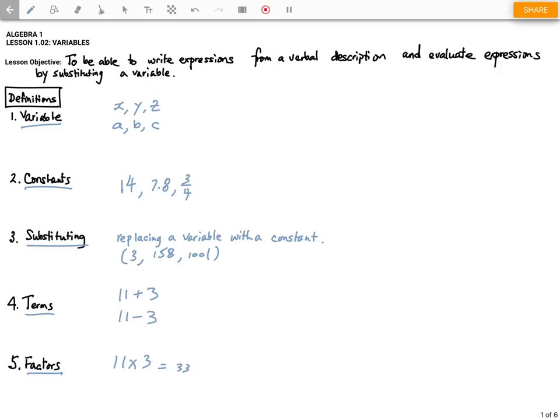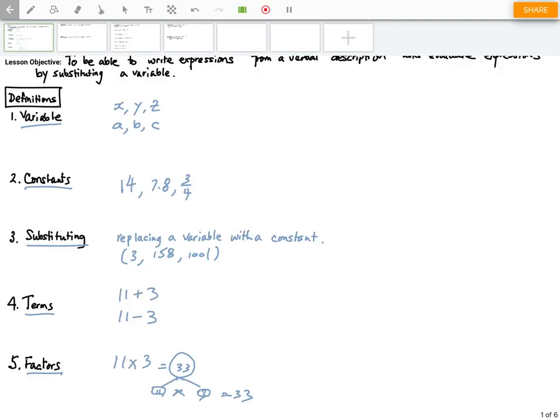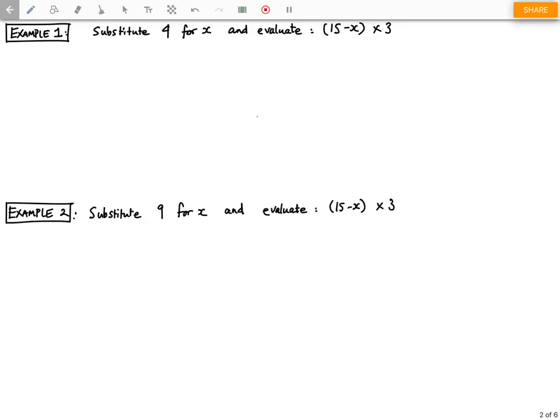Factorization is when we break down and try to find possibilities: what times what equals 33? An example is 11 times 3 equals 33. So those are the factors. Okay, so those are the 5 terms that we need to know for this lesson.